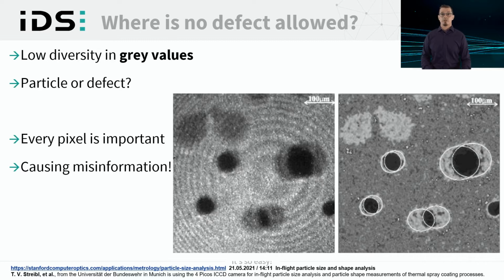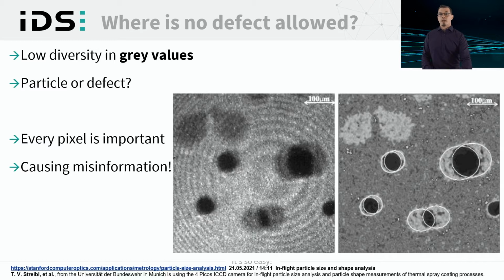This already shows that the impact of a defect or dirt in the optical path depends on the application and the target or object the camera is looking at. So dirt or a defect doesn't have such a big impact on a QR code scanner as on the analysis of a glass sample.